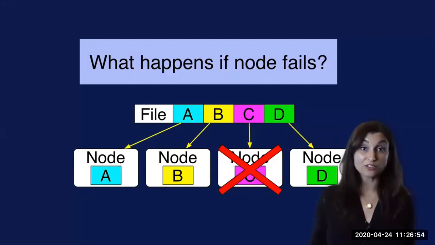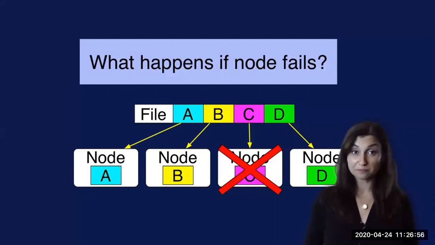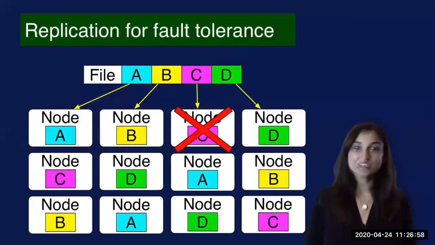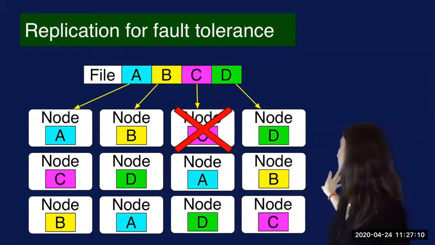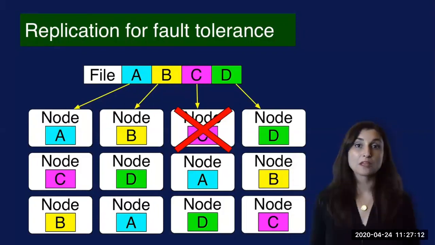Do we lose the information stored in block C? HDFS is designed for fault tolerance in such cases. HDFS replicates, or makes a copy of, file blocks on different nodes to prevent data loss.